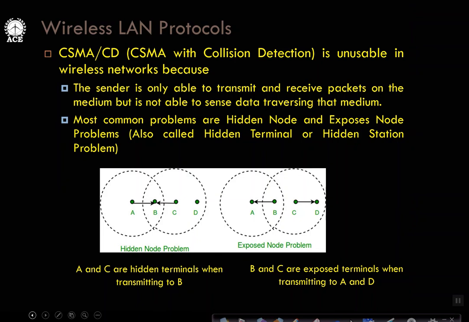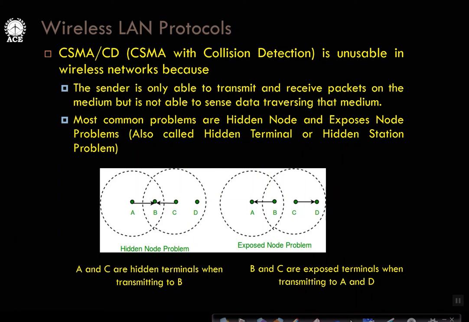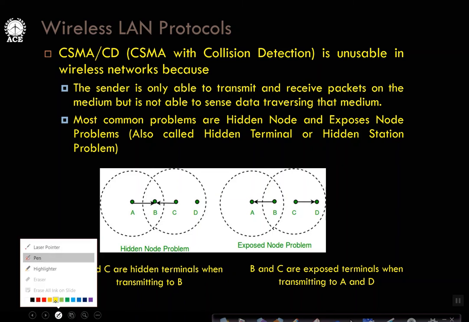The protocol generally used for wired networks is CSMA/CD, carrier sense multiple access with collision detection. The same protocol cannot be used in wireless networks, because even though you can have carrier sensing, collision detection cannot be done. I wanted to highlight that point.